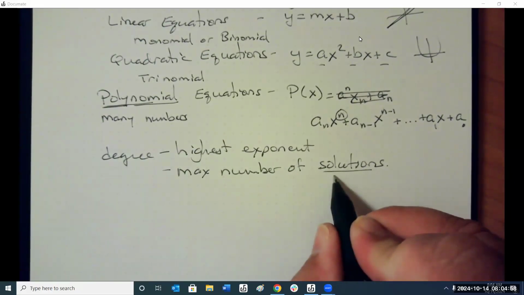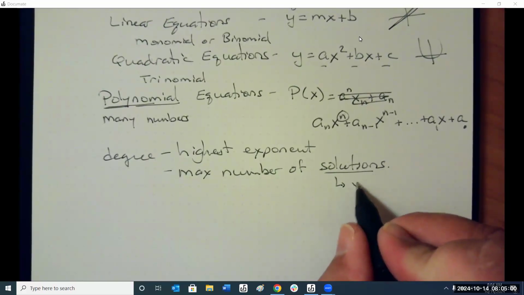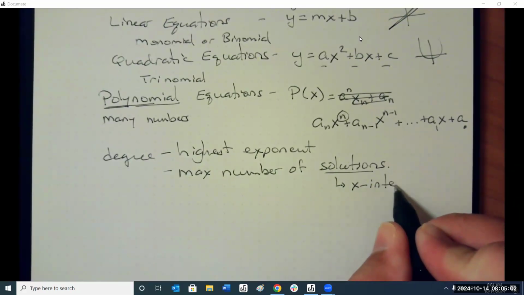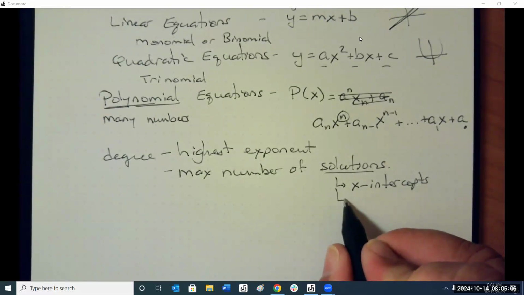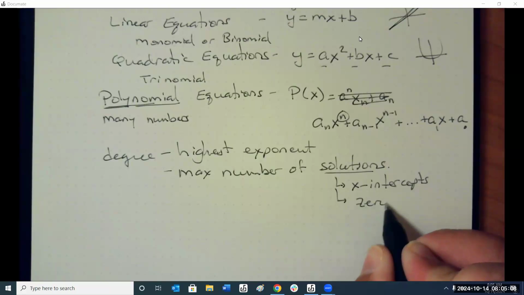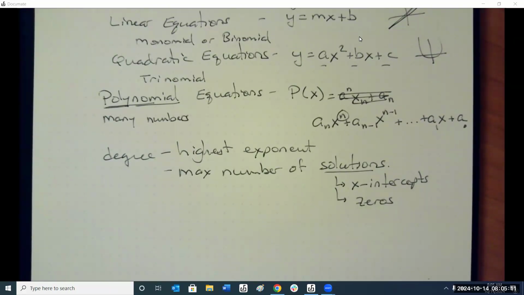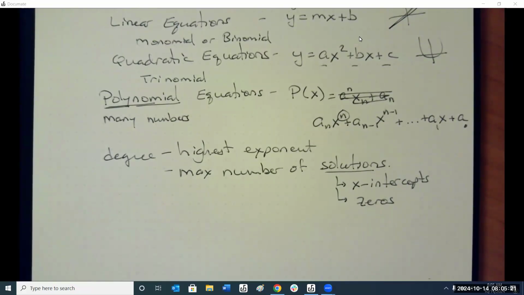Remember, solutions are x-intercepts. We also call them zeros. And we'll also look later at what we call factors. But these are all synonymous. If I say solutions, I mean x-intercepts, and if I mean x-intercepts, I mean zeros. The only thing different between them is how they're written.